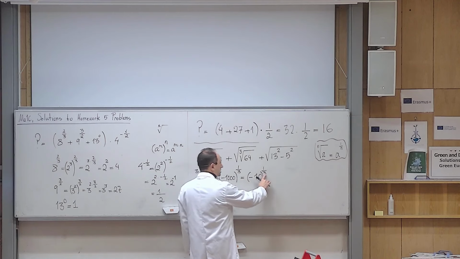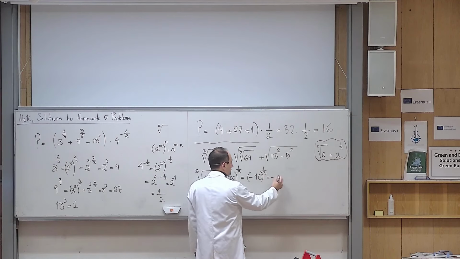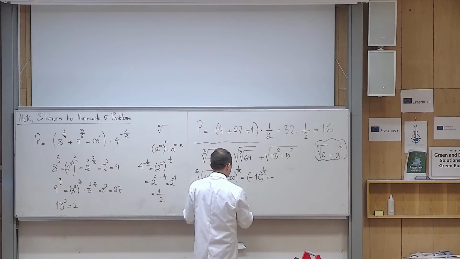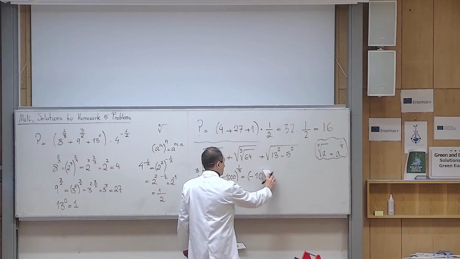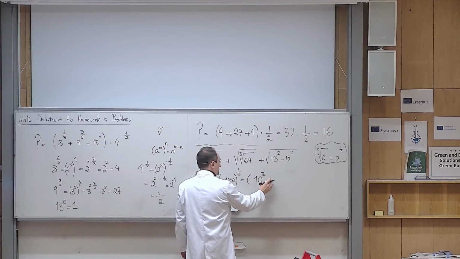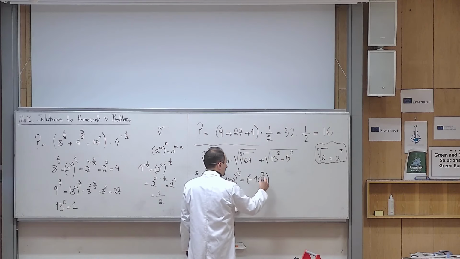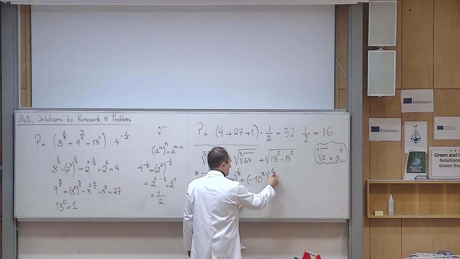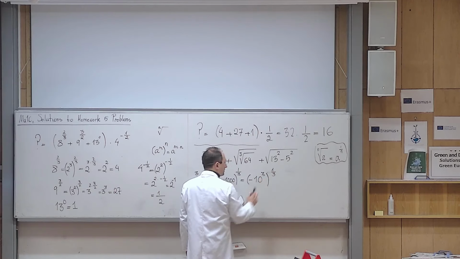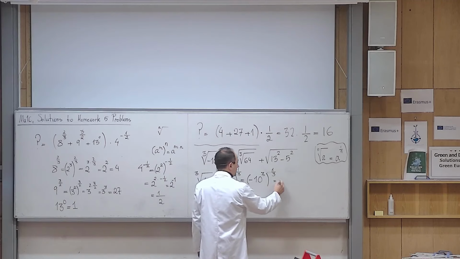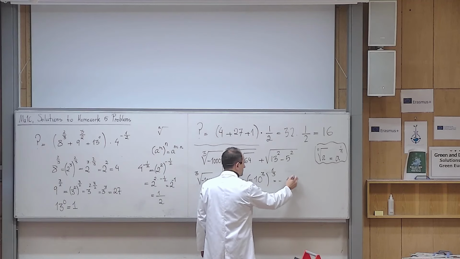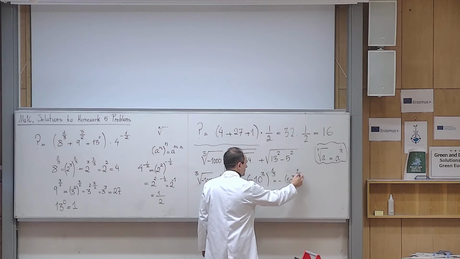Because this is odd, this minus sign goes out, and I can write 10 to the power of 3 to the power of 1/3.